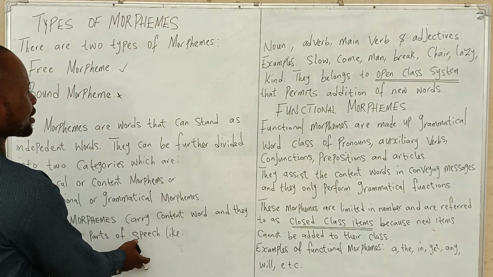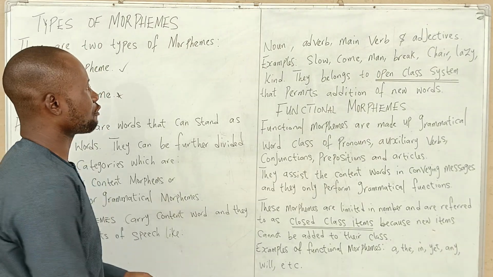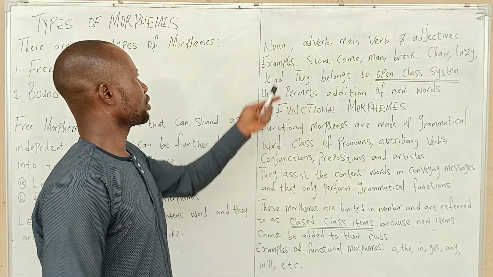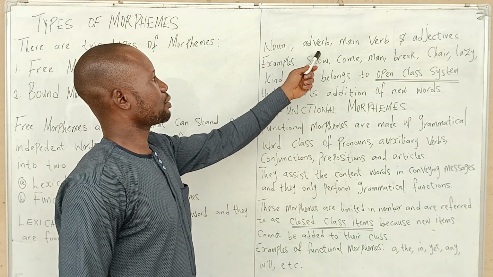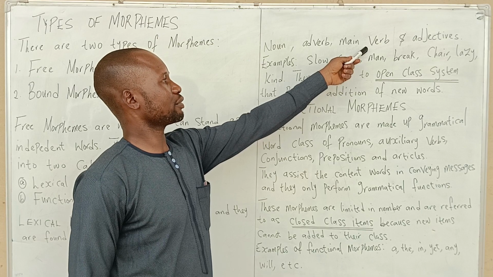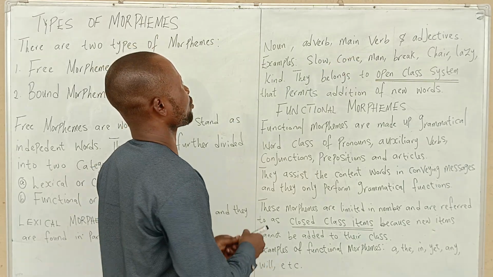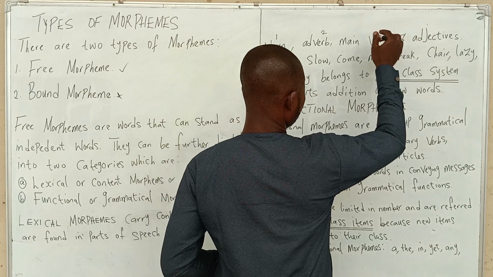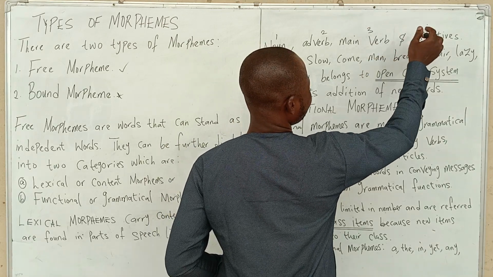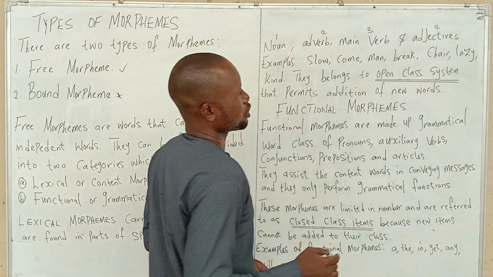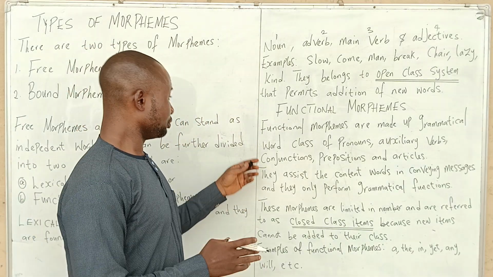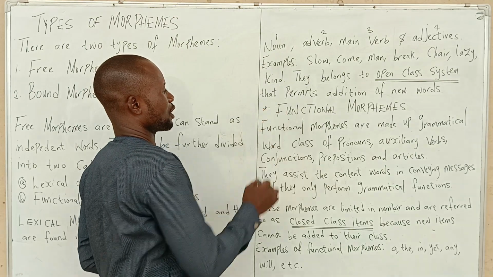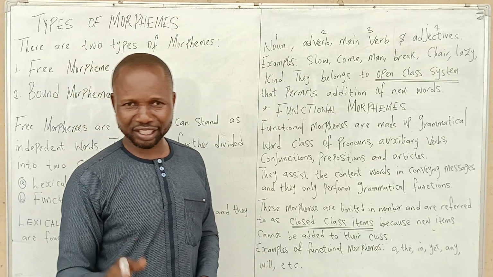So now lexical morphemes are found in parts of speech like noun, adverb, main verb, or adjective. So let's number them: 1, 2, 3, and 4. It means the functional morphemes will be found in 3 or thereabout.